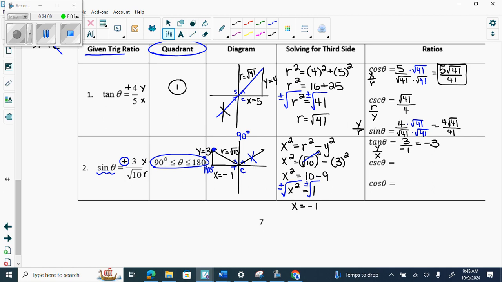And sine is y over r. So cosecant is r over y. So it's going to be root 10 over 3. Done. And cos is x over r. So it's going to be negative 1 over root 10. And then I have to rationalize.